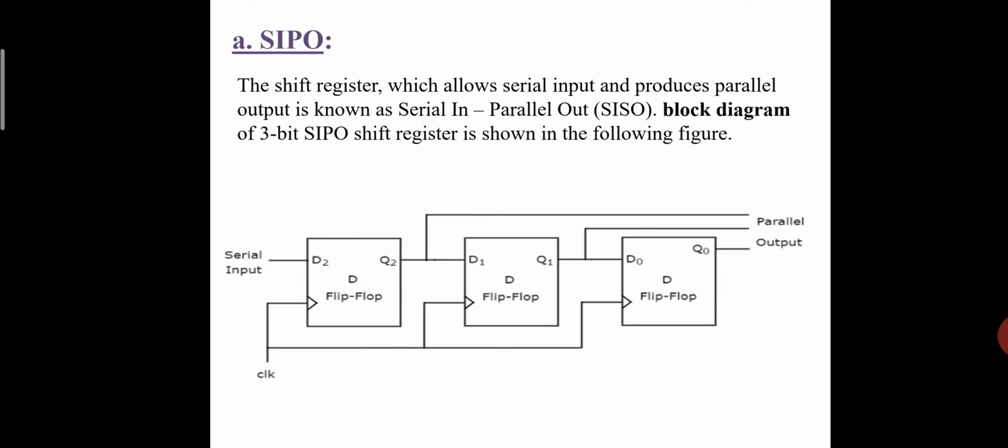So we are feeding the input serially to the first D flip flop D2, and the output of the D2 flip flop Q2 will be the first output, and the D1 flip flop output is nothing but Q1, the D0 flip flop output is Q0. So the input is only one, the outputs are multiple, that is Q2, Q1 and Q0. All the flip flops will share a single clock pulse.